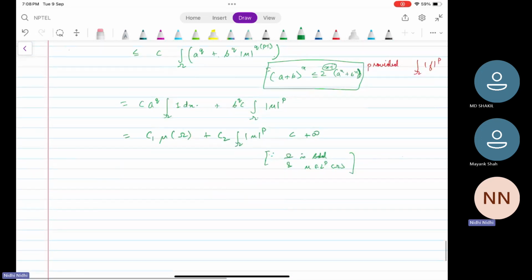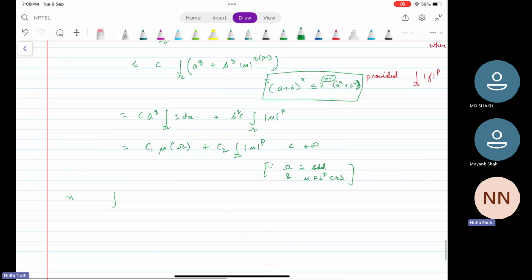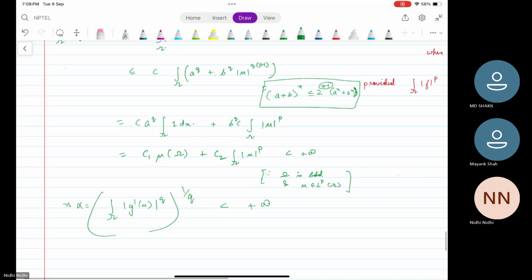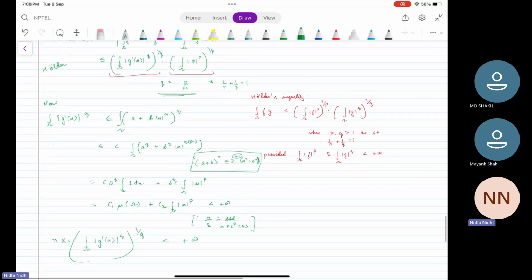So this implies the integral over omega of mod g dash u to the power q, whole to the power 1 by q, is also finite. So I can take this to be equal to some alpha. This came due to the growth condition given on the function g.